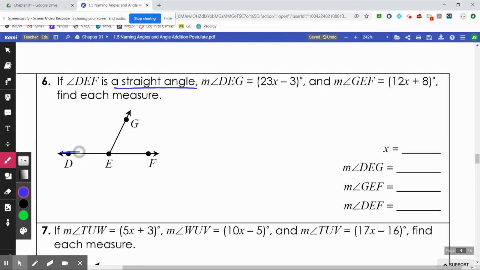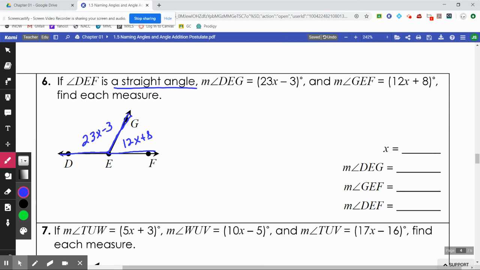Number 6, DEF is a straight angle. Notice here this is a straight angle. Since it's a straight angle, this has to be 180 degrees. So it says that DEG, D to E to G, is 23x minus 3. It says that GEF is 12x plus 8. But that's all the measurements they give us.